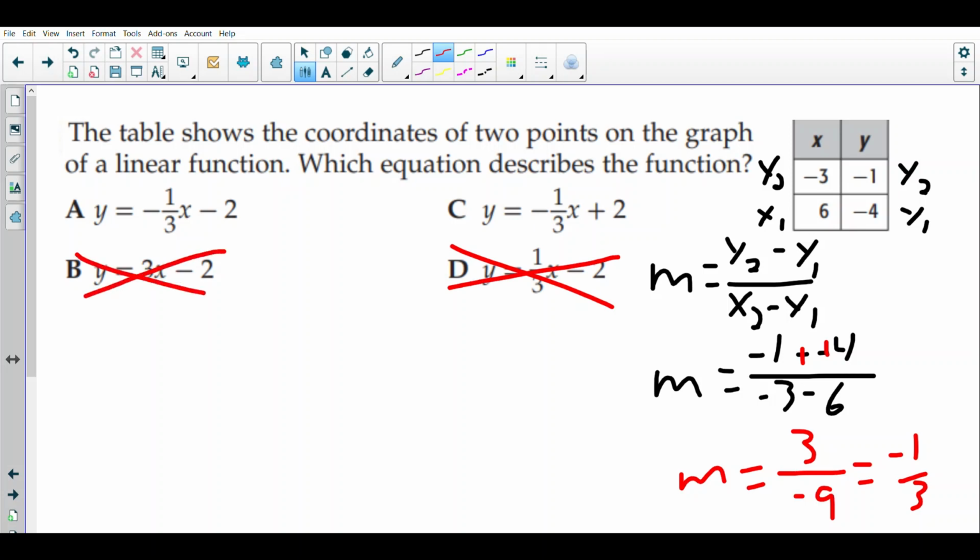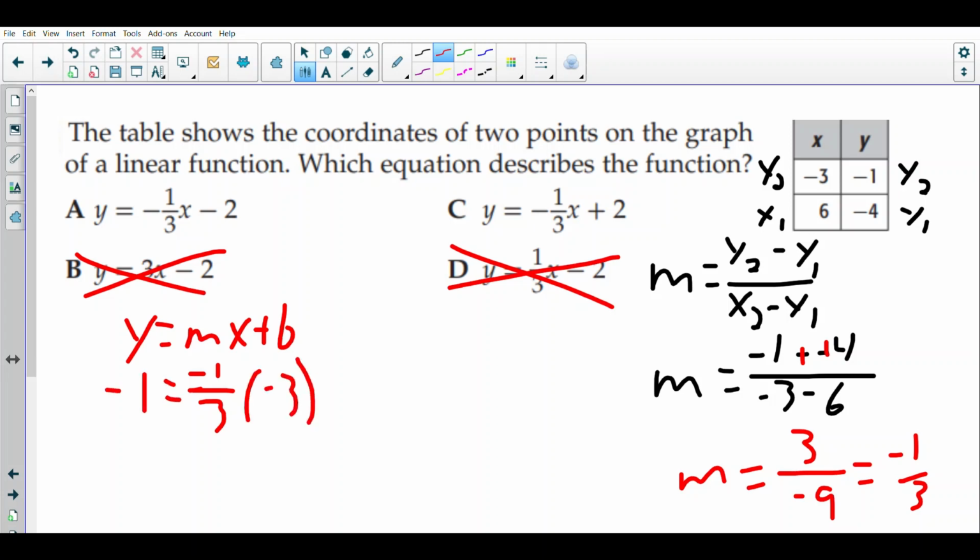Now let's use our slope and just one of the points. We start with y equals mx plus b. I'm going to plug in my slope, -1/3, and then for x, I'm going to use the top one, so times -3. For y, I would also use -1. Then I'm solving for b.